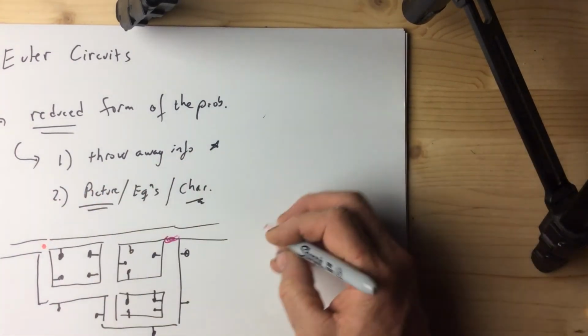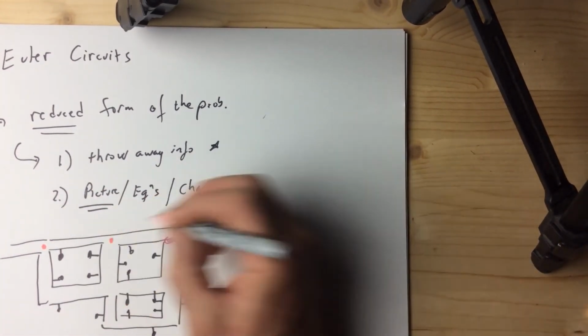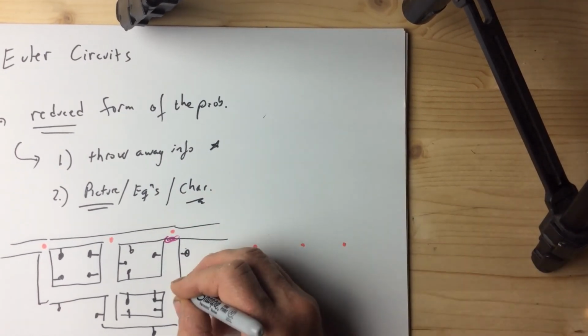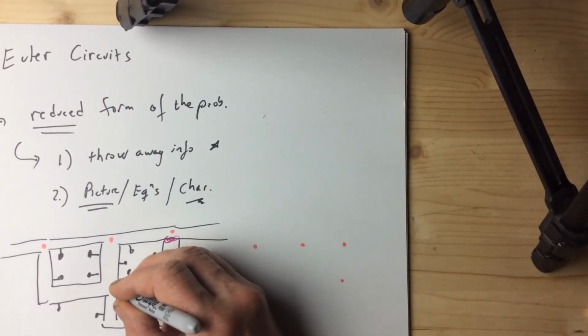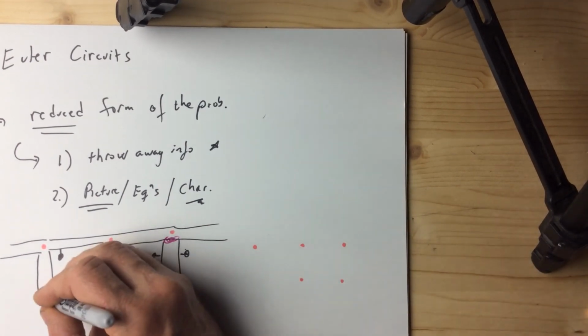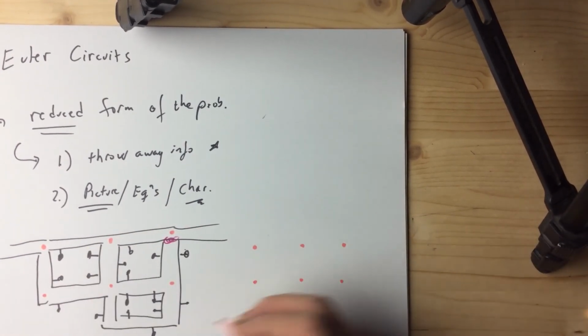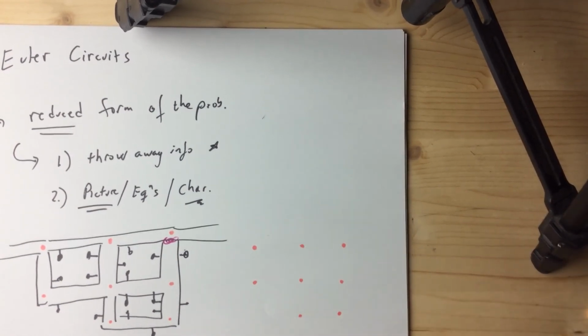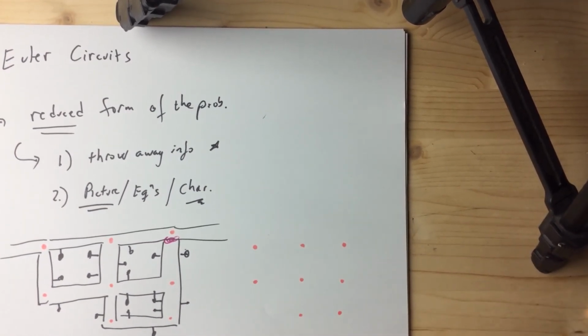First off, this dot, this dot, this dot, this dot, this dot. I've reduced the intersections to 8 dots.